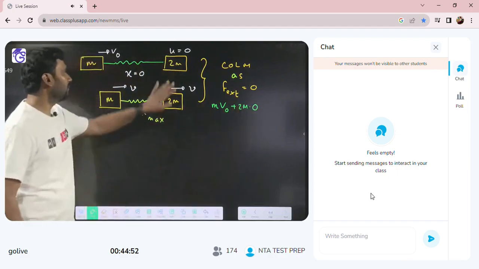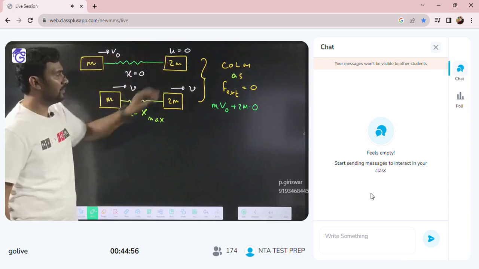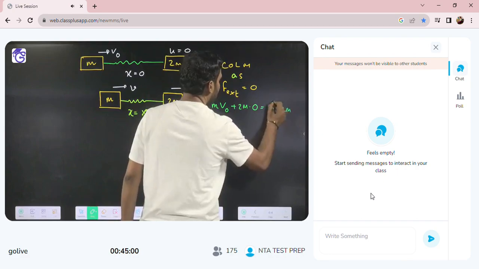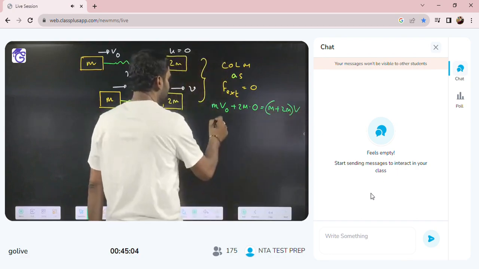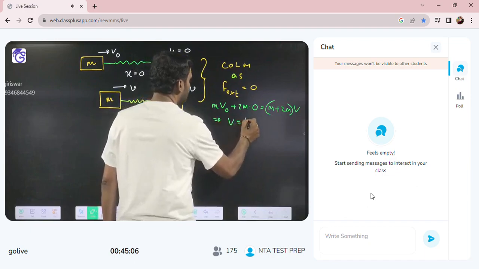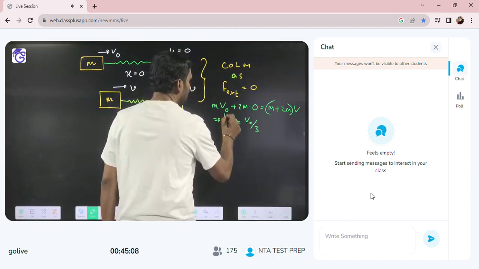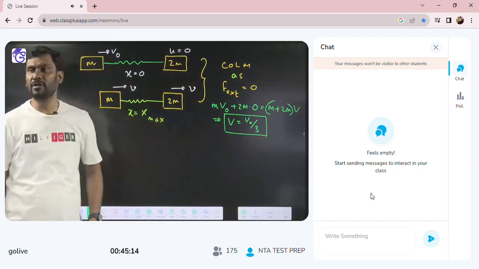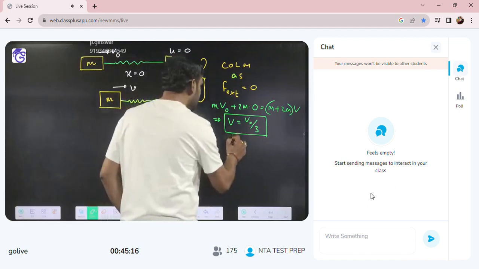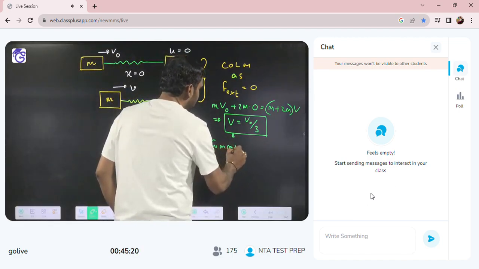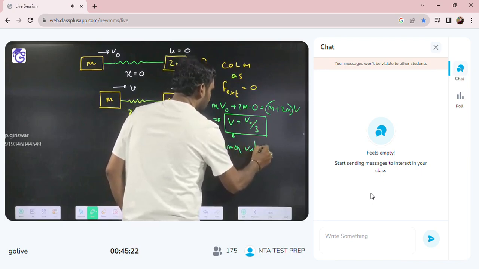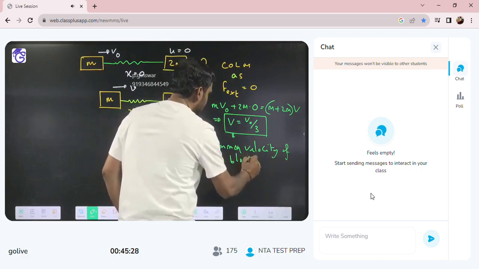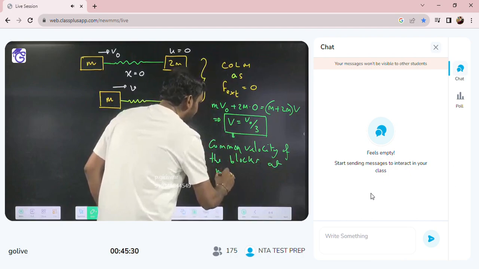There is no momentum for this block initially. m into V0 plus 2m into 0 is equal to m plus 2m, both moving with the same velocity, into V. So V comes to be V0 by 3. So what is the common velocity of the blocks? We got it, V0 by 3. Amazing. So this is the common velocity of the blocks at max compression.